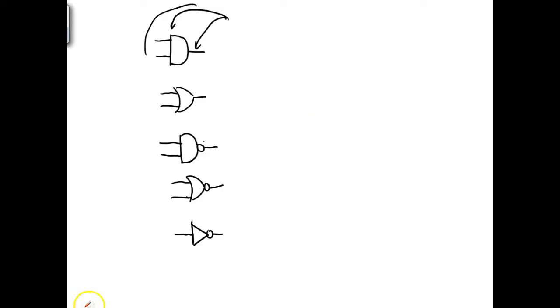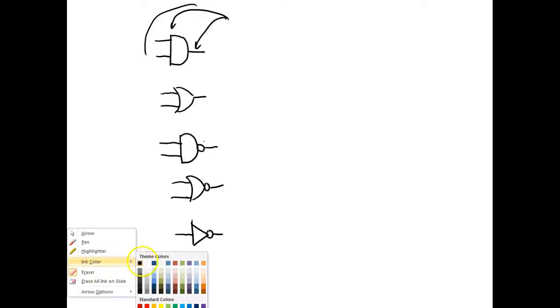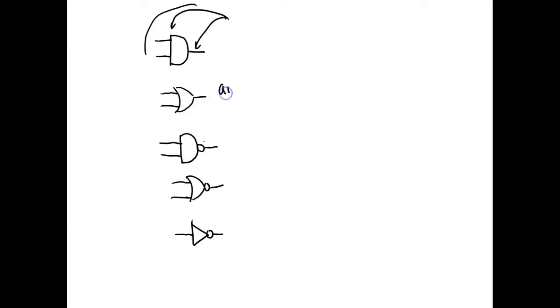So if I come over here and look at this one, what am I going to say? I'm going to say any high equals a high. Well, I'm going to turn that around, and over here I'm going to say all lows equal a low.